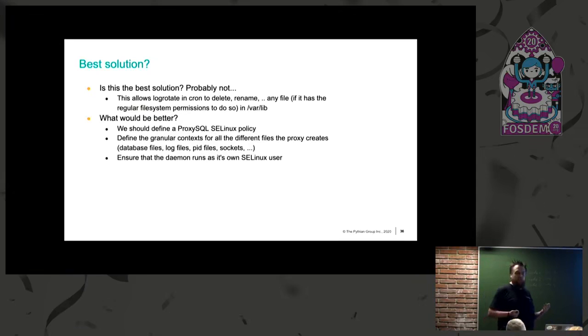Maybe in some next project I will have to, and maybe next year I can come demonstrate how you generate the SELinux policy for ProxySQL. But in this case, this was enough for us. So we got logrotate to rotate, and in this case now it has permissions to do so on all the files in var_lib, which is probably not what you want. But for this project, it was okay.